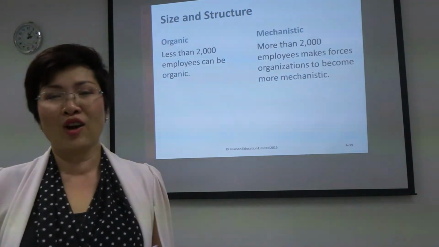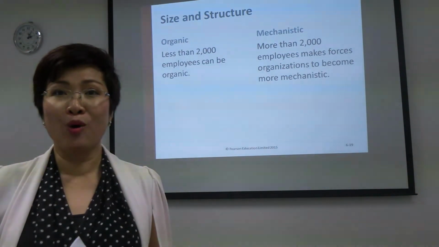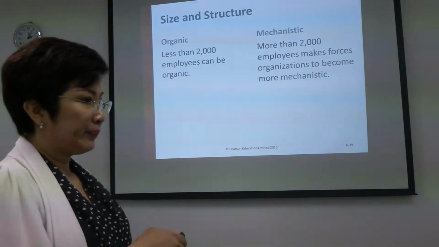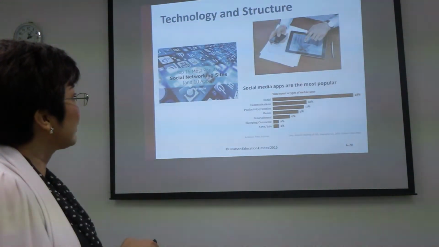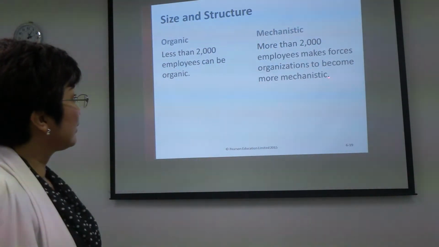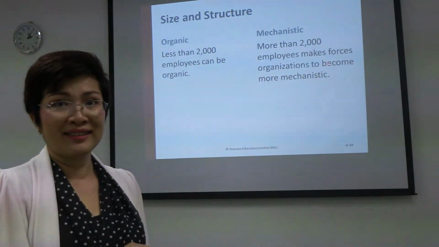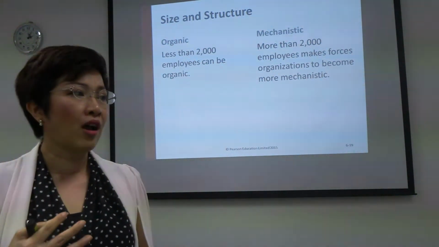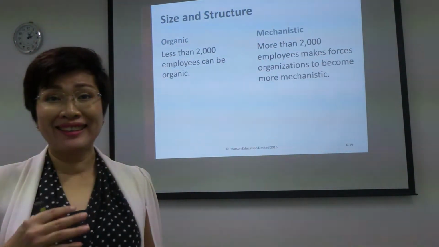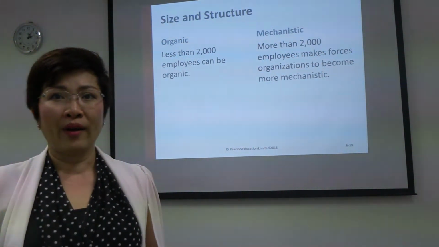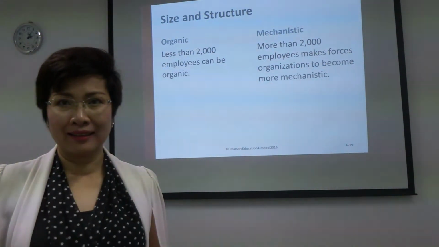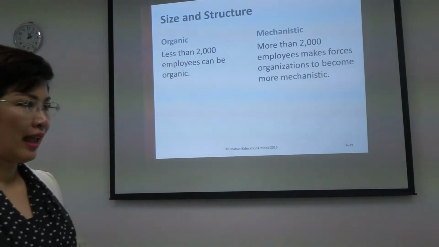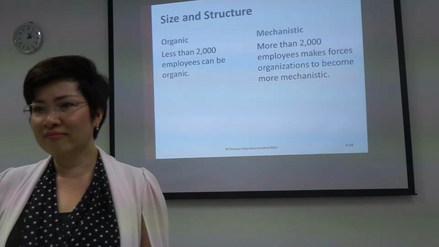And if the organization has more than 2,000 employees, it becomes more of a mechanistic model. So the size of the organization can indicate the style of model the organization is using.